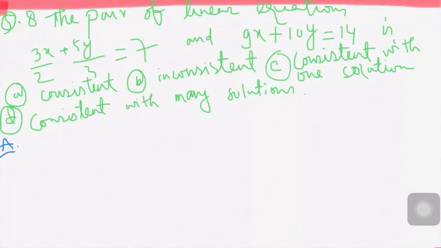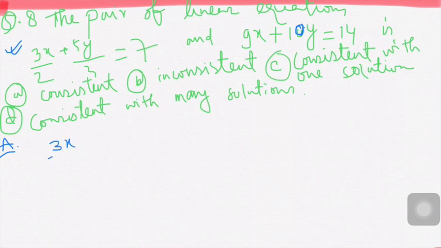So the next question is the pair of linear equations 3x by 2 plus 5y by 3 equals 7 and 9x plus 10y equals 14 is consistent, inconsistent, consistent with one solution, consistent with many solutions. So our first task is to make it similar to each other.